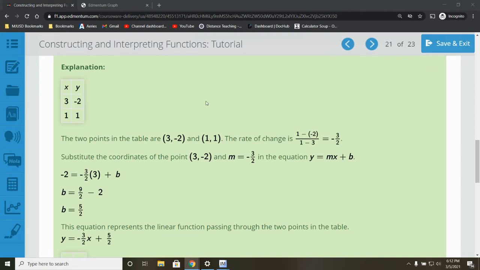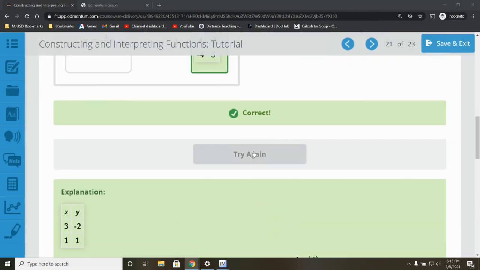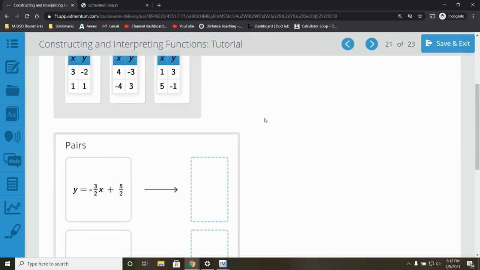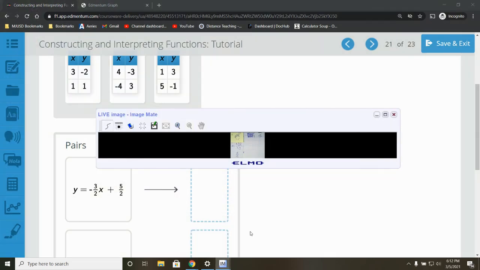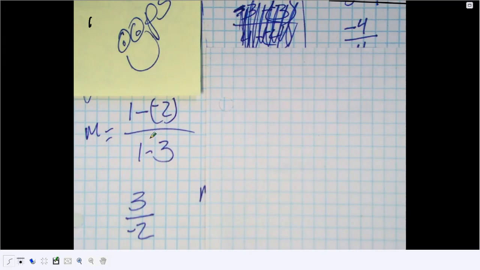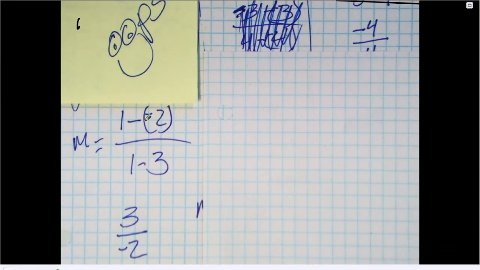All right, so I had made a mistake here. I had mixed up the X and the Y in this first tile. So let's go back to my cool image here. Oops, made a mistake.